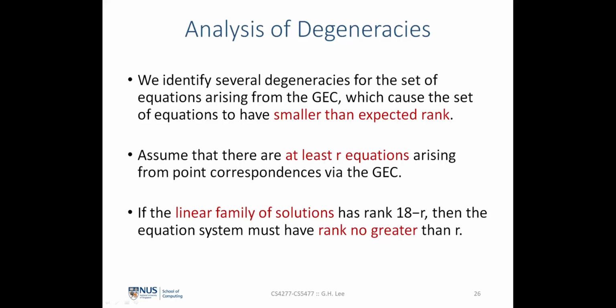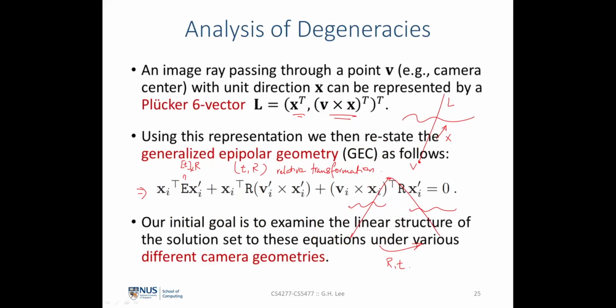As we have seen earlier on, given sufficiently many points, we can rewrite this generalized epipolar geometry equation into the form of AE equals 0, where E here is our 18 by 1 vector, and A here would be n by 18, made out of the known variables from the Plucker line coordinates. And the 18 by 1 vector E over here would be the unknowns made out of the essential matrix.